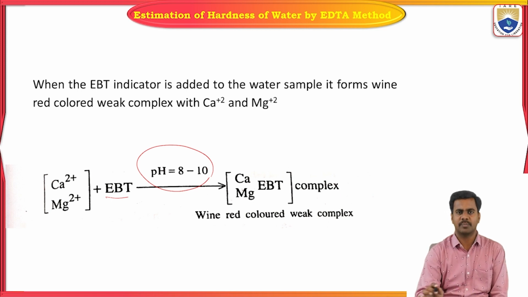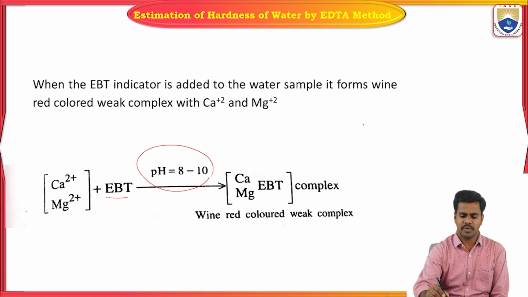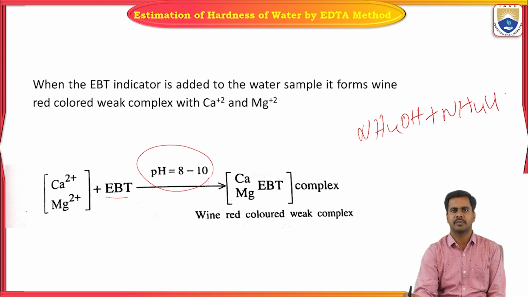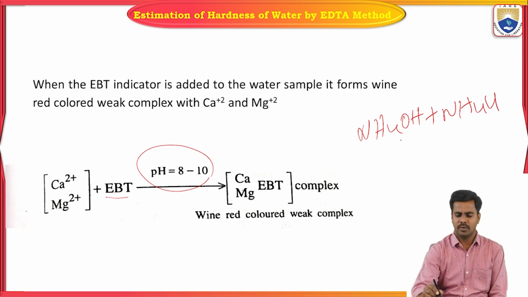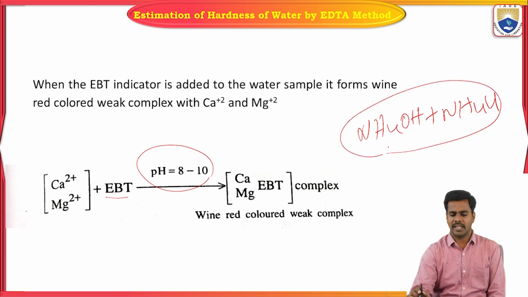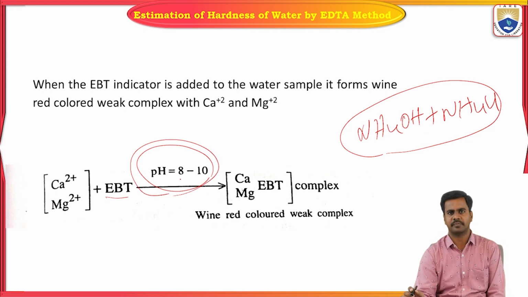To maintain this pH, we use a buffer solution. Usually here, ammonium hydroxide plus ammonium chloride buffer solution is used. In the presence of this buffer solution only, we can maintain the pH range around 8 to 10.